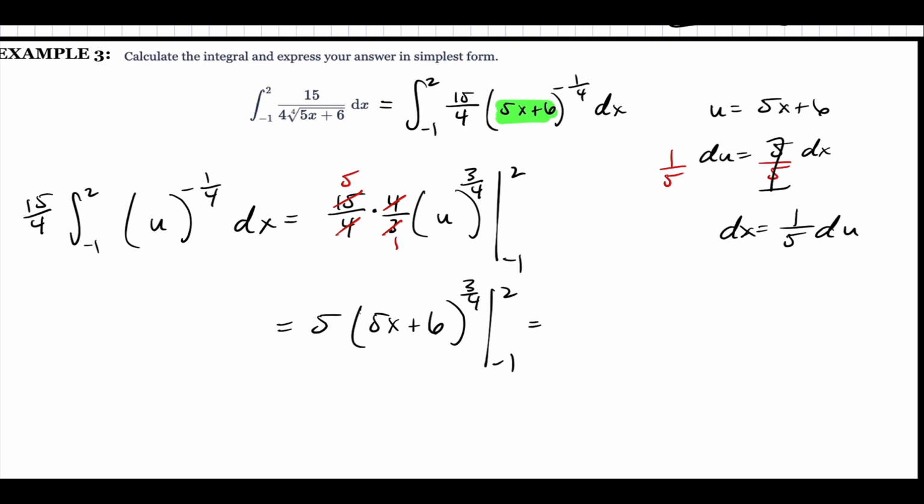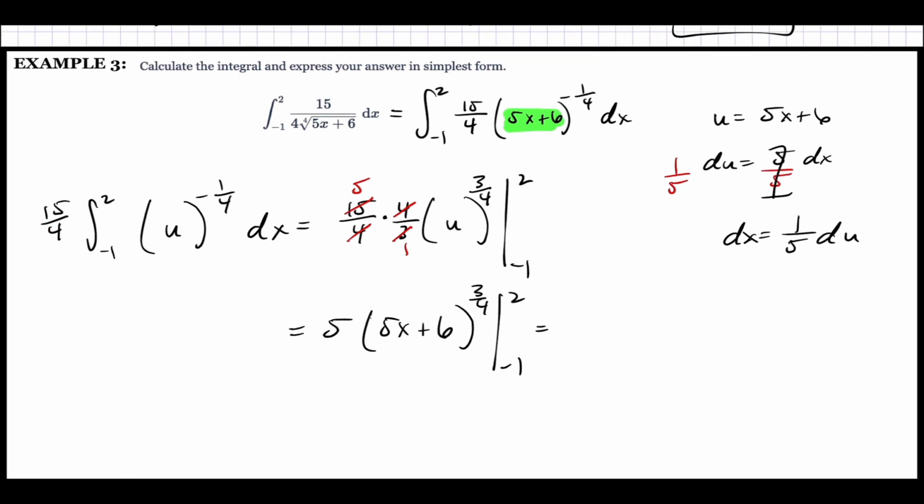Where did the 1/5 go? dx equals 1/5. Oh, I forgot to put in the 1/5. So I should have put in the 1/5 here. So the 1/5 would go over here.